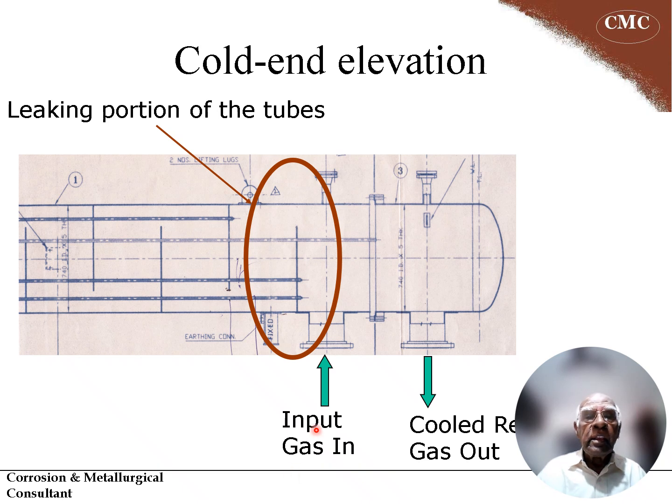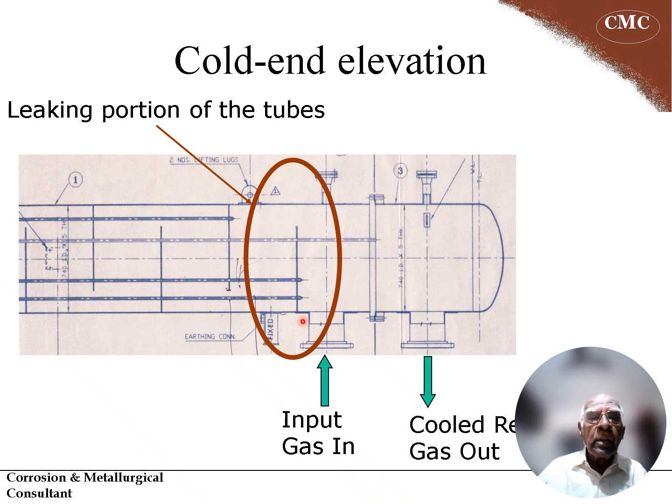What you see here, at the end, the tubes are very long. This is the end of the tubes. In the previous slide you have seen the tubes in cross section, but here is the longitudinal direction.